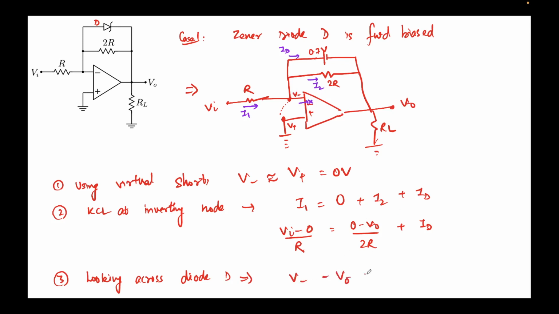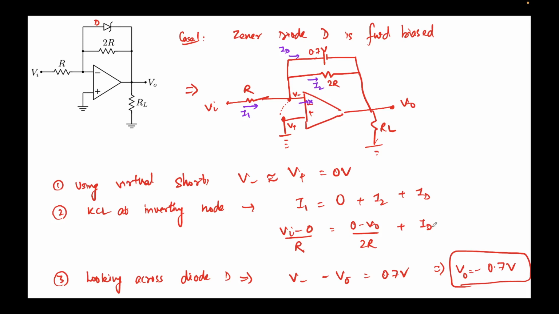V minus minus V0 is nothing but 0.7 volts, from this battery. This will give me V0 as minus 0.7 volts. So rather than doing it through this, you can directly obtain the value of V0 over here.